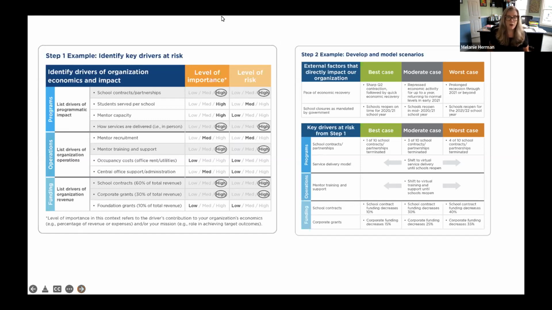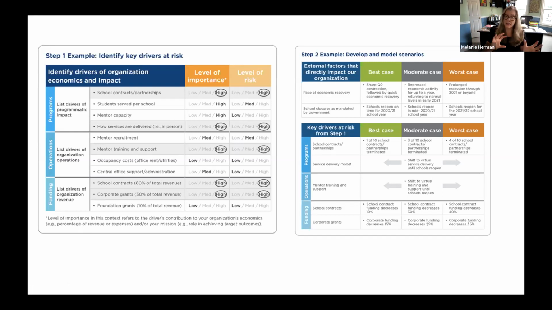And then over on the right-hand side of this resource, you'll see level of importance and level of risk. And this is just a quick gut check on how significant is this and how costly, how impactful might this be.